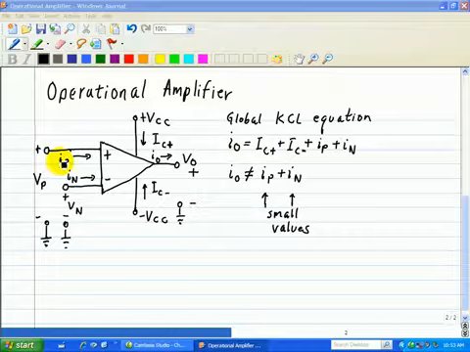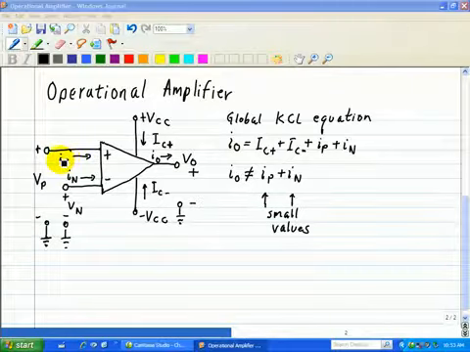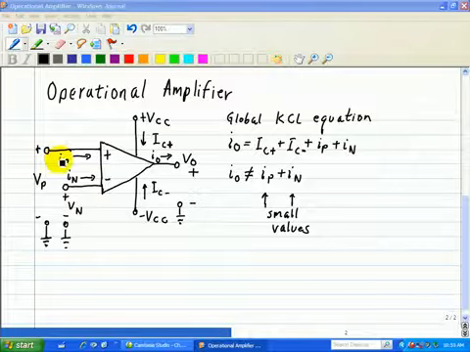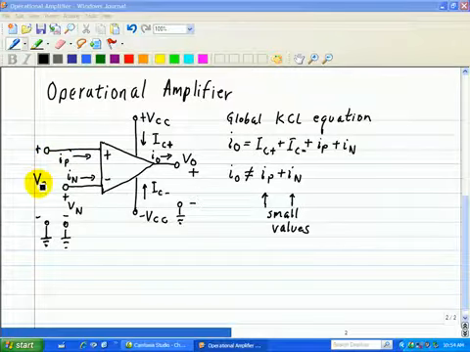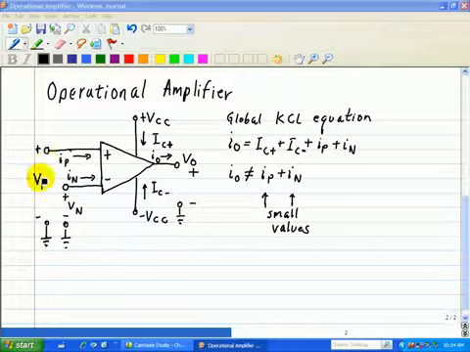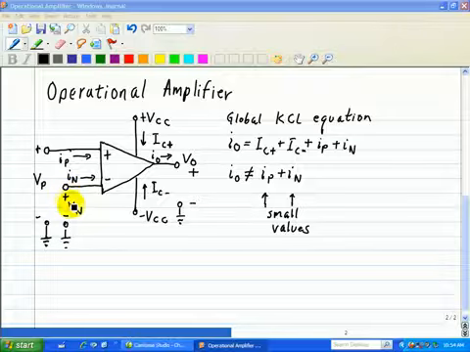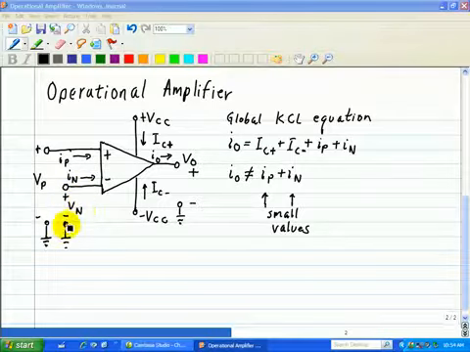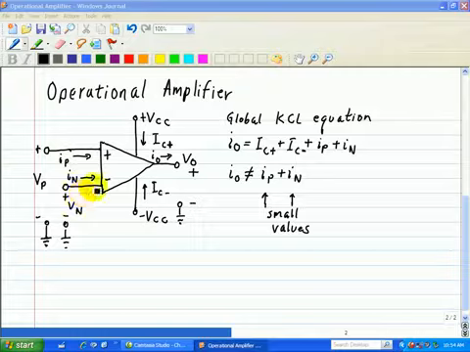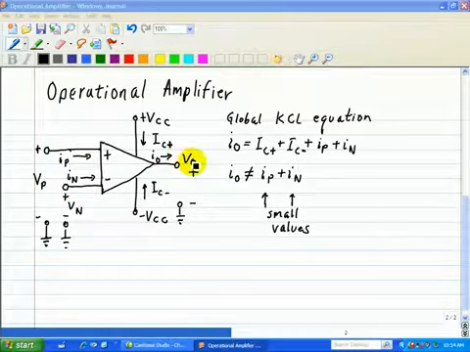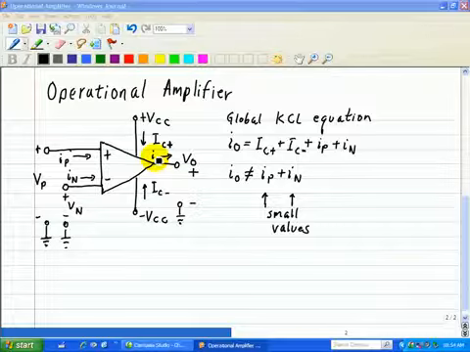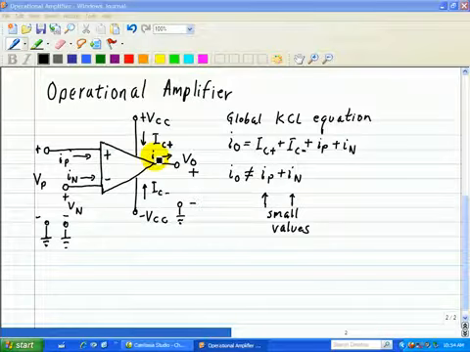We have an IP going into the plus side of this op-amp, and that's again our non-inverting input current, as well as our voltage measured with respect to ground, VP. Here we have our inverting input, IN, and associated with it is our positive VN, also measured with respect to ground for the inverting side. And at the output we have VO, and associated with VO is our outgoing current, IO.